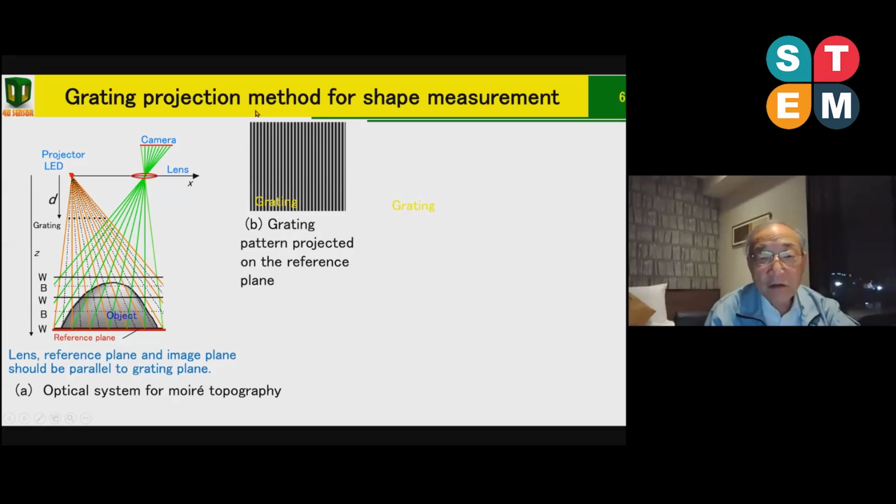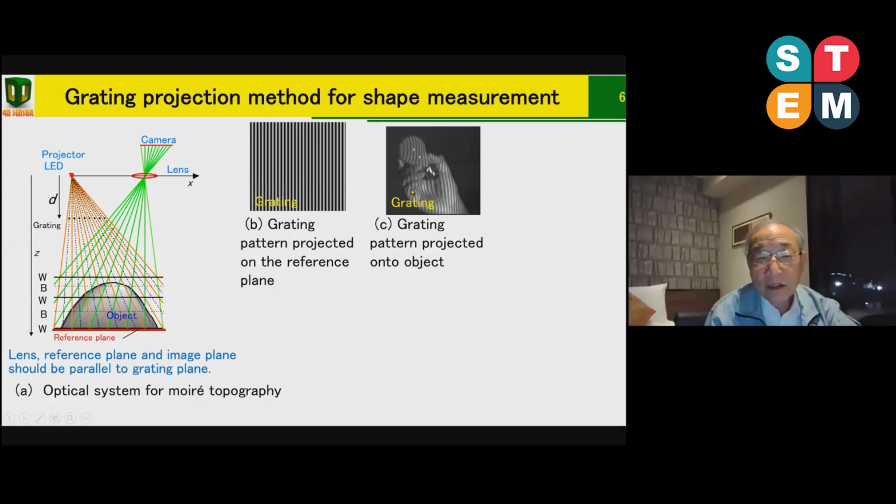So this is the grating image projected on the reference plane. This is the grating image deformed according to the shape. By analyzing this deformation, we can obtain the height distribution.